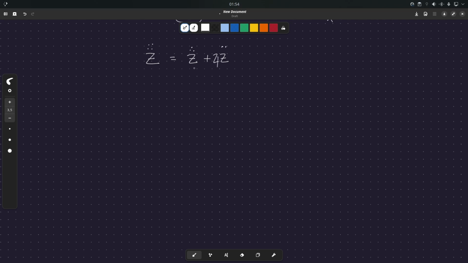You know, let's make this a 4, this a 5. I'm just going to scramble the numbers. And this is, I don't know, 10z. This is a fourth order differential equation. Plus z. This is what I want to show you.